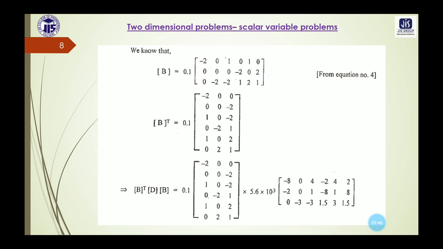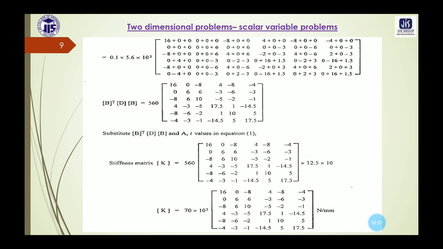If we put the values of all these three matrices, then we are getting a multiplication of a 6 by 3 and a 3 by 6 matrix. We need to perform this matrix multiplication very carefully, and after several steps we are getting the value, it is 560 multiplied by a 6 by 6 matrix.